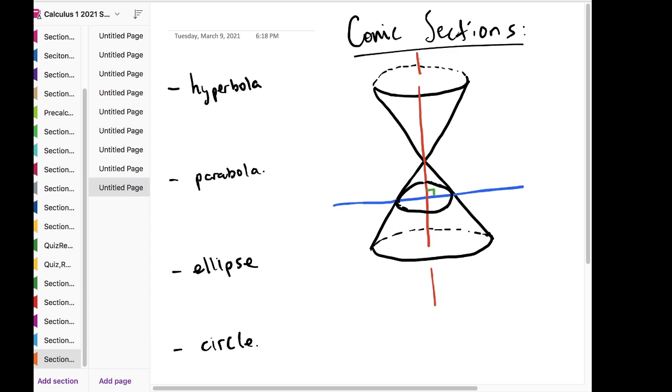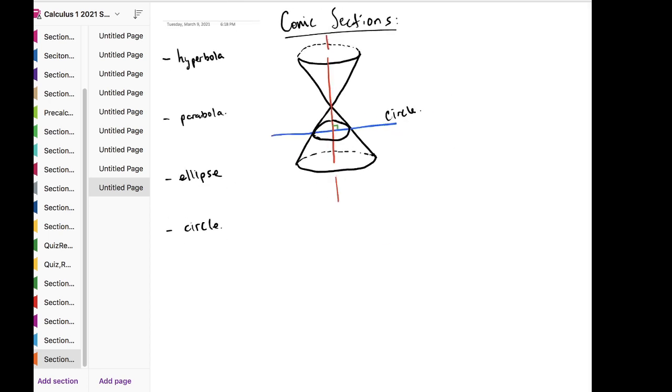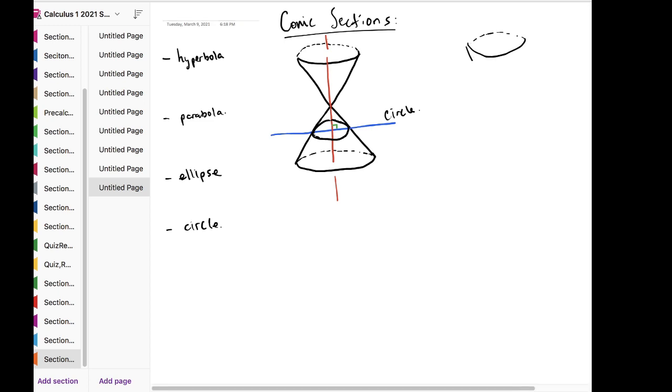Okay, so this is a circle. What do you think an ellipse is? Yeah, it's a slice at an angle, but it can't be too harsh of an angle. When we talk about the parabola, we'll describe how much of an angle is allowed.